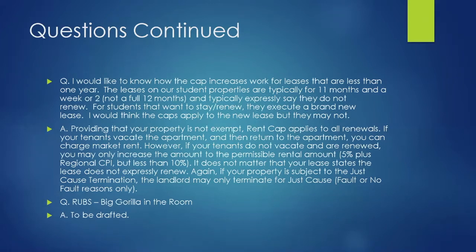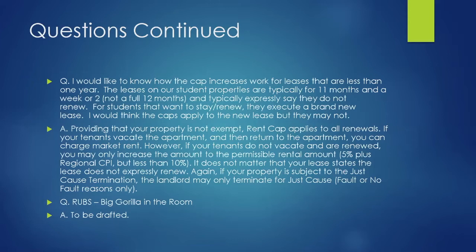Answer. Providing that your property is not exempt, and I take it that the property is not a secondary or higher institution for education and not owned by the college or university or higher education or JC, the rent cap applies to all renewals. If your tenants vacate the apartment and then return to the apartment, you can charge market rent.